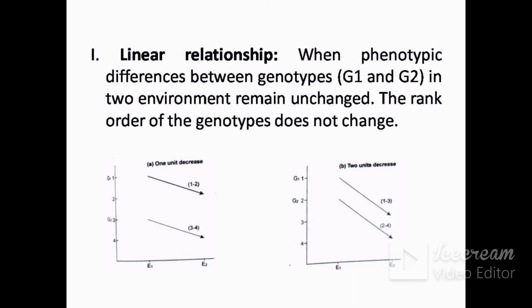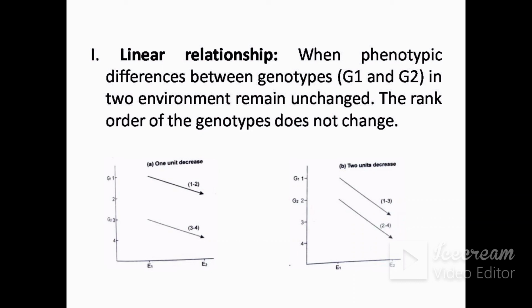The rank order of the genotypes does not change. So these are two graphs showing the same linear relationship. We can see that the two production lines for the two genotypes are parallel to each other. So there is no change in the rank.